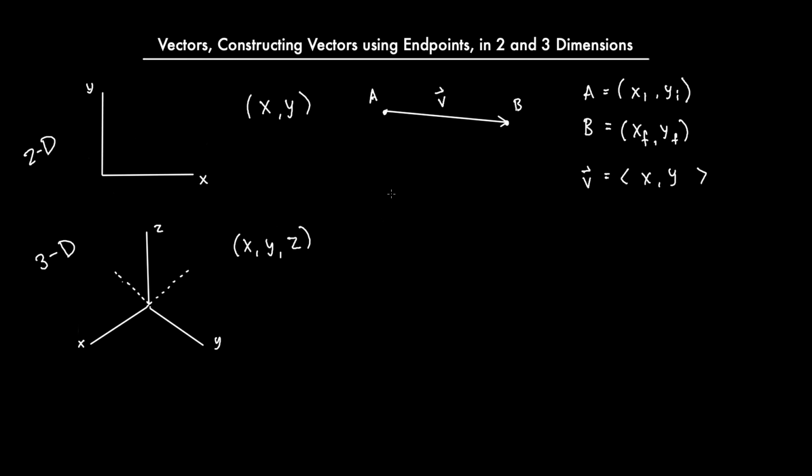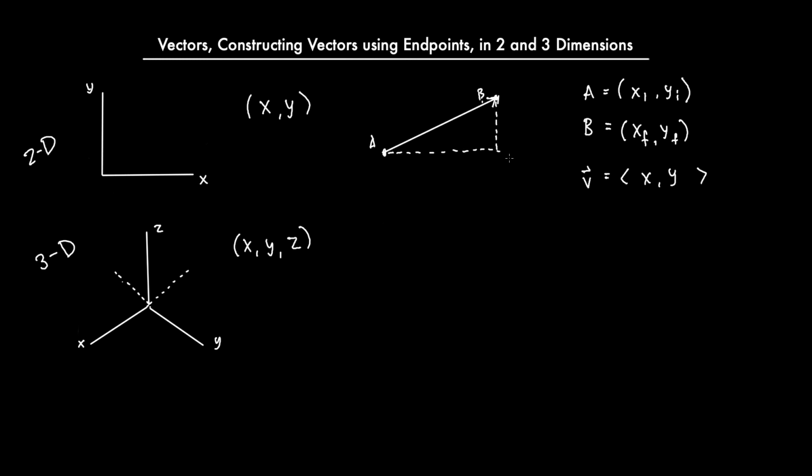Now let me redraw this so it becomes more clear. But we're going to be talking about how to find these components in a second. So if we have point A right here and point B right here, and a line connecting point A to point B, then would you agree that we would have a couple of components to this vector if we draw some lines like this?